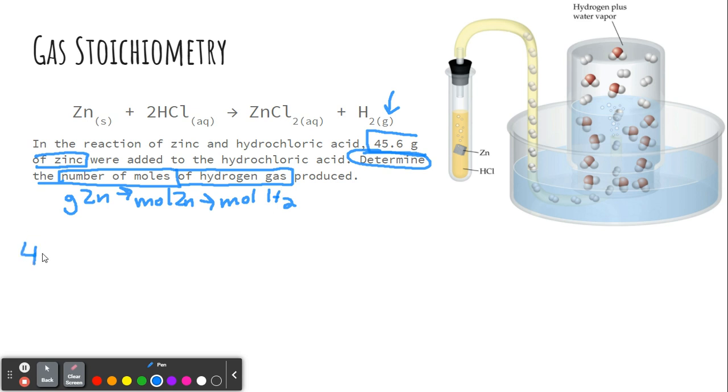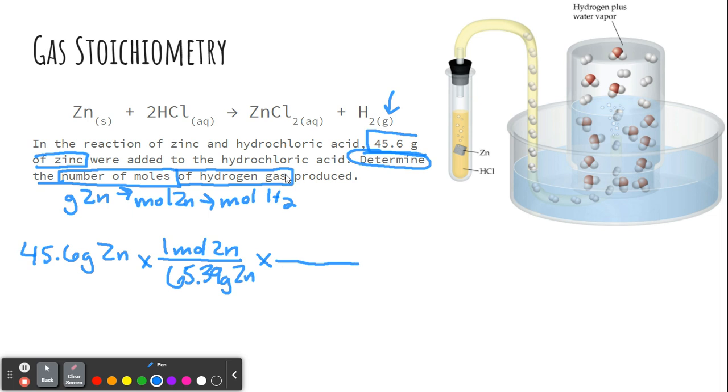So I'm going to start with my 45.6 grams of zinc, multiply that by 1 mole zinc over my molar mass, which is 65.39 grams of zinc. Now I need my mole ratio to get to hydrogen.